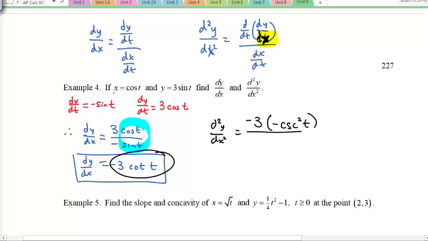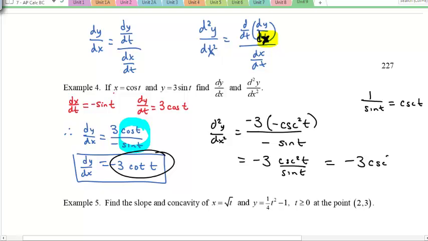And then dx/dt we found earlier, that's just negative sine t. A whole bunch of negatives, still becomes negative 3. And here we have cosecant squared t over sine t. I hope you remember, 1 over sine t is the same thing as cosecant t. So we can rewrite this as just negative 3 cosecant cubed t. And that's our final answer.